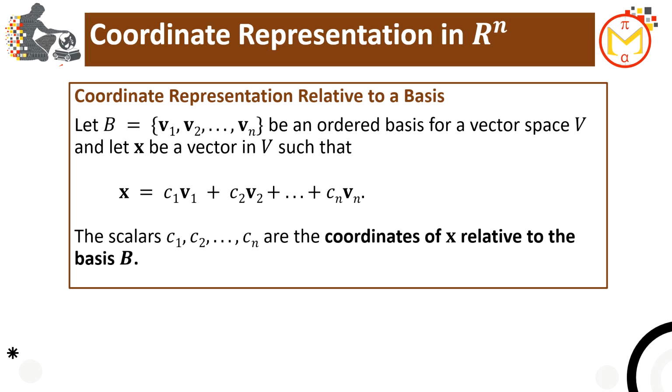And of course, the c sub i's, or the c sub 1 up to c sub n, are the scalars and the coordinates of x relative to the basis B.